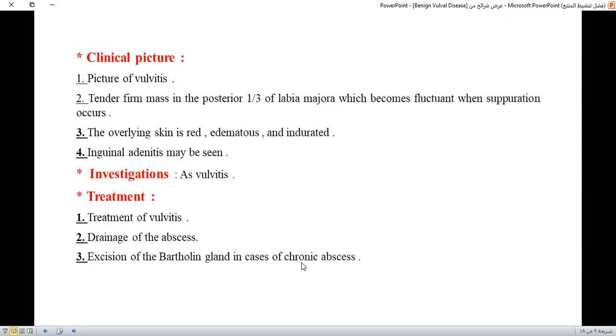Clinical picture like vulvitis: tender, firm mass in the posterior third of the labia majora, and maybe red, edematous, inguinal adenitis. Investigation like vulvitis. Treatment like vulvitis; if there is an abscess, drainage, and excision of the Bartholin gland in cases of chronic abscess.